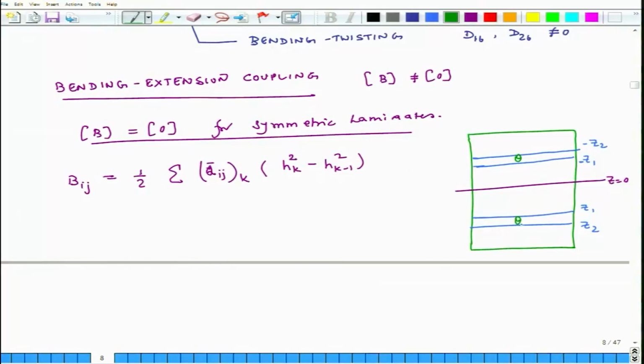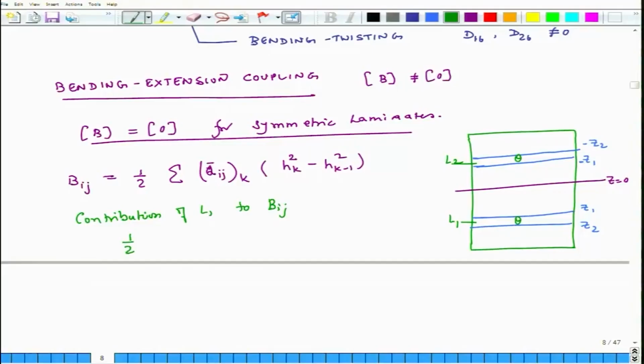So, let us see the contributions of these two layers to the B matrix. Let us say this is L1 and this is L2. So, contribution of L1 to Bij, what will it be?